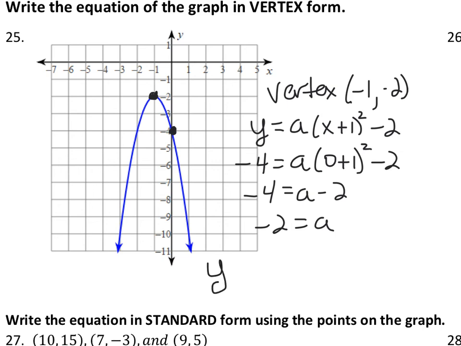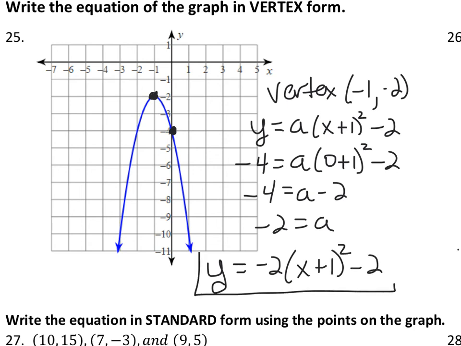So my equation is going to be y equals -2 is my a value. Then I come back up here and I pull this right here as the rest of my equation. So I'm going to write x plus 1, the quantity squared, minus 2. And that's it.